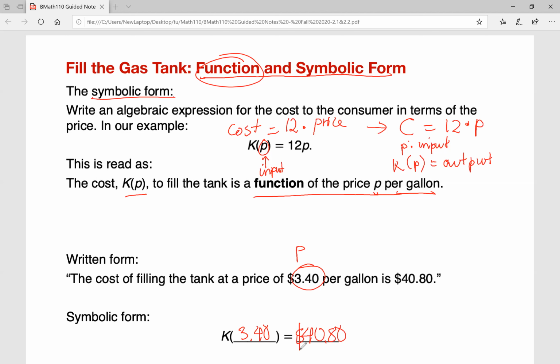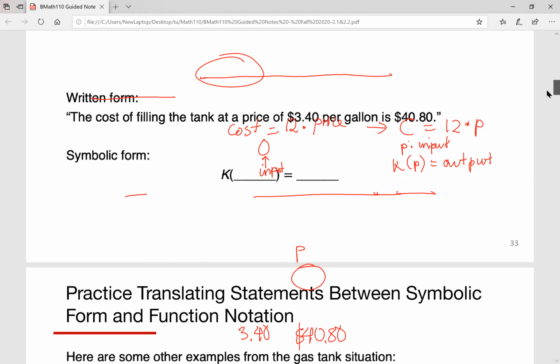Okay, so that is a way to write the symbolic form when you see the specific value of the variable, or of the input actually. Okay, now let's move down to the next page.